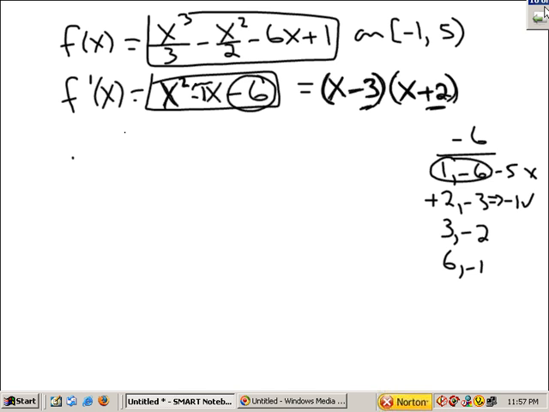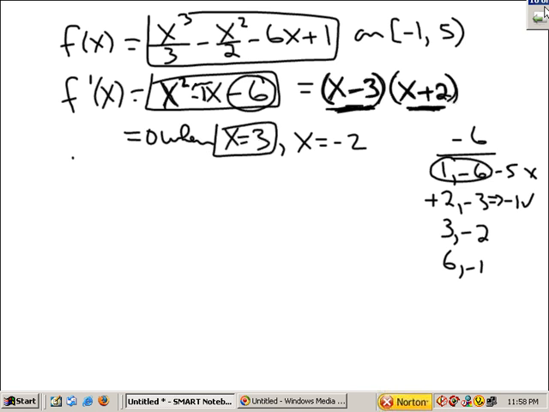Alright, so this equals 0 when, well, if this times this is 0, one of them has to be 0. That happens when x is 3. 3 minus 3 is 0. And here, when x is negative 2. Now, we will keep x equals 3 because it's between negative 1 and 5.